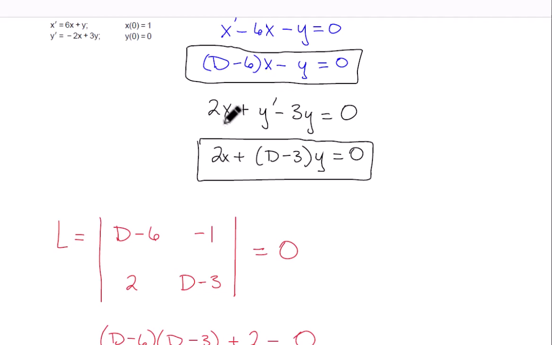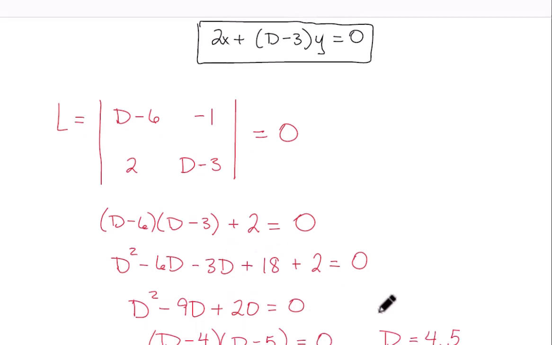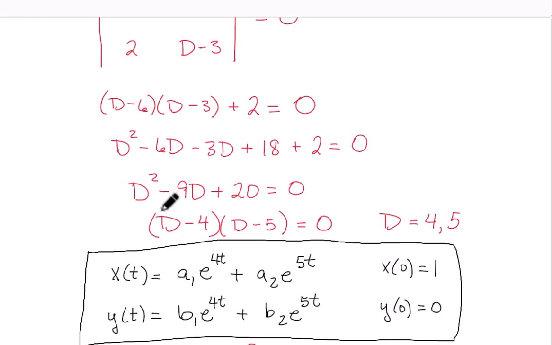All right, and so you then form this determinant, which I call L, and this 2 by 2 determinant will be 0. So it's the downward diagonal minus the product of the upper diagonal. It's minus a minus, so it's plus 2. And so you see we get this differential operator equation, and that should look familiar because it looks like the characteristic polynomial we had.